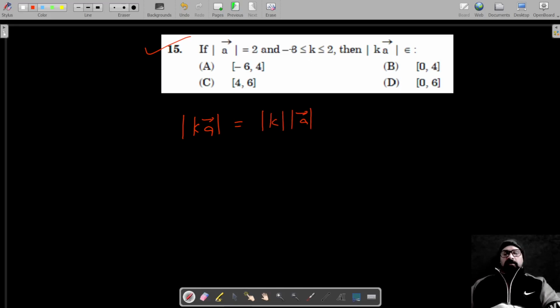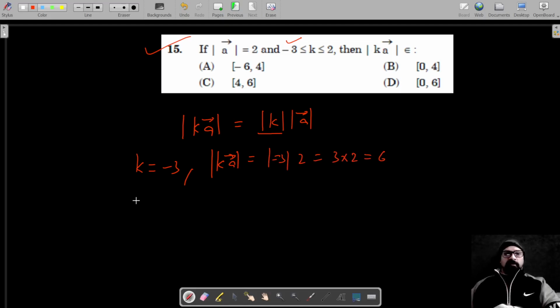Now, the minimum value of k is negative 3. So let's take k equal to negative 3, which gives the modulus of negative 3 and the modulus of A is 2. So negative 3's modulus is 3, into 2 is equal to 6.